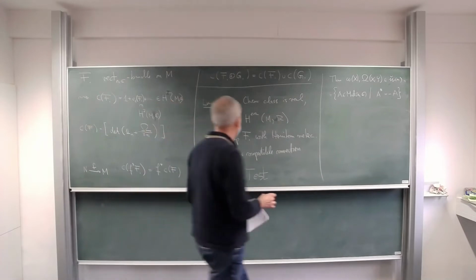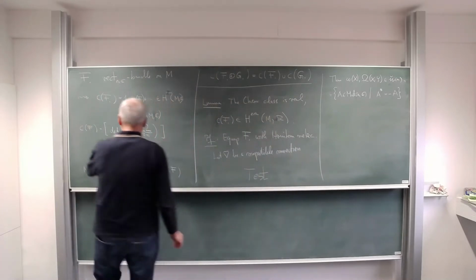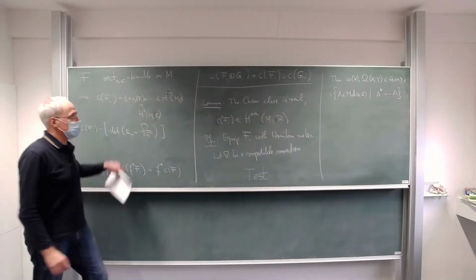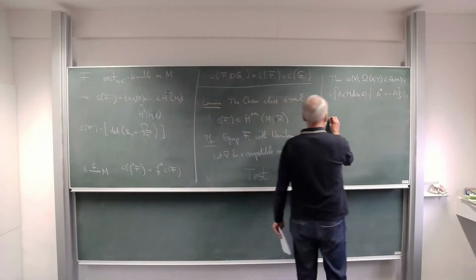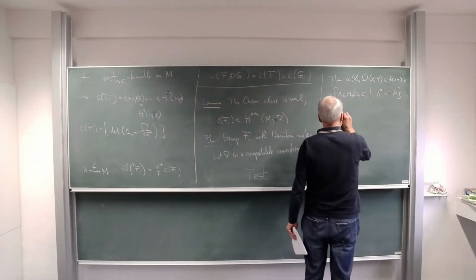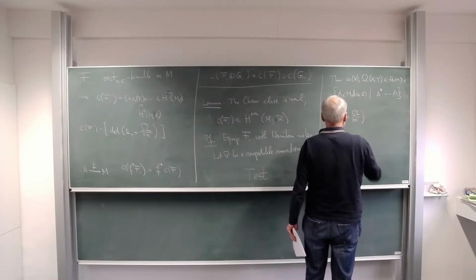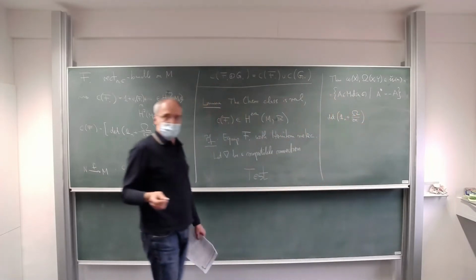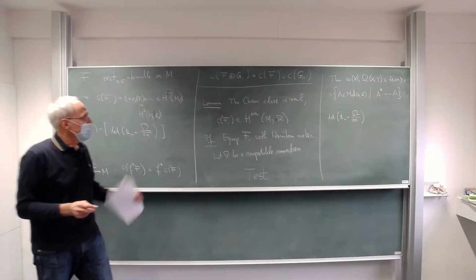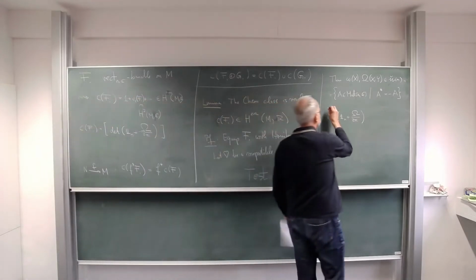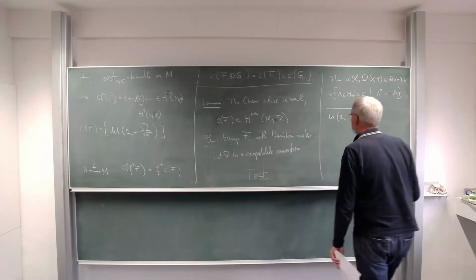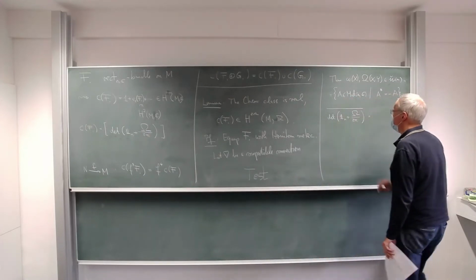And now, if we look at this form representing the Chern class, so let's do that. Determinant of identity matrix plus omega on 2 pi i. So this is a mixed differential form, complex valued. So let's look at its complex conjugate. Let's see what happens.